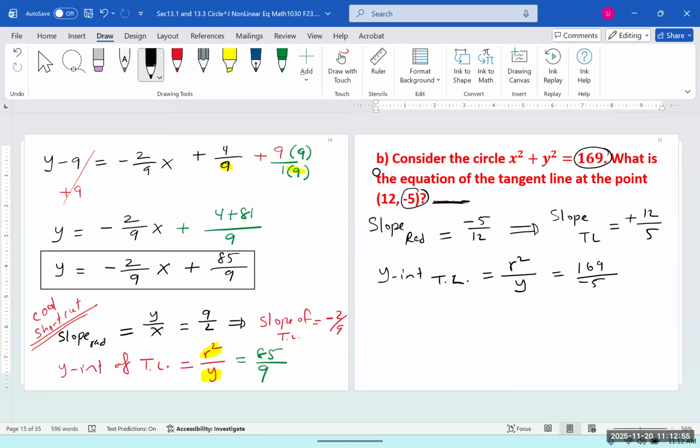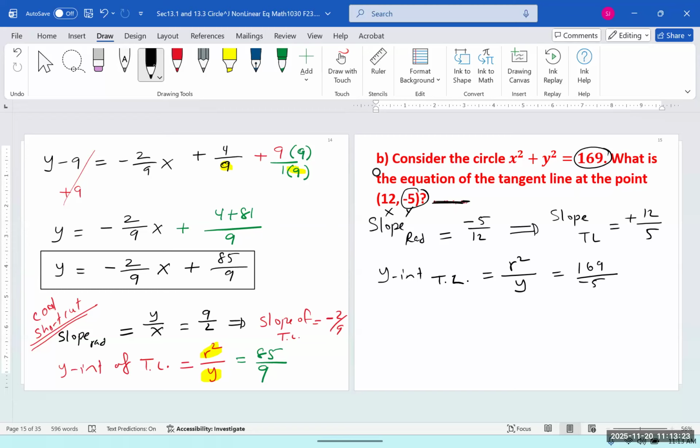Can you repeat the trick? The trick is first you need to find the slope using x and y. So slope of the radius is y/x. This you already know. That tells us the slope of the tangent line if we change the sign. So slope is same like before. Now for y-intercept, you don't have to do all this work.